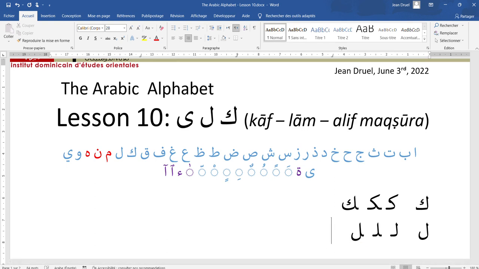So far, it should be easy to distinguish. There is one peculiarity about the lam: when it is followed by an alif, then they connect and make a specific glyph, which is different from each of them.